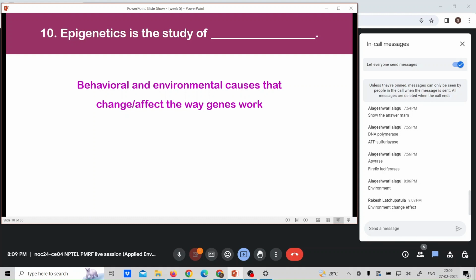Whereas in another case, let's say there is another person who is very healthy, both of them are healthy, person A and person B. He is also in the same place and being exposed to the same chemical, but there is no 100% guarantee that his genes are going to work like person A's. It differs from person to person.